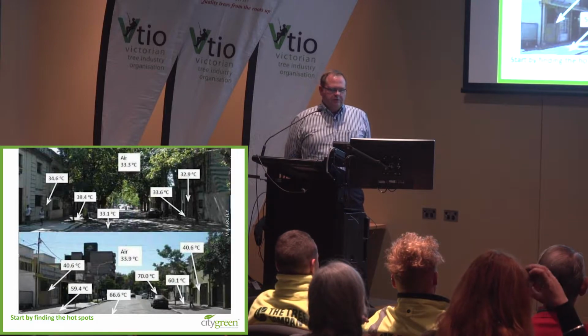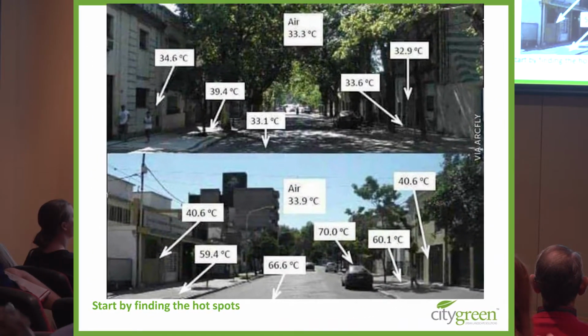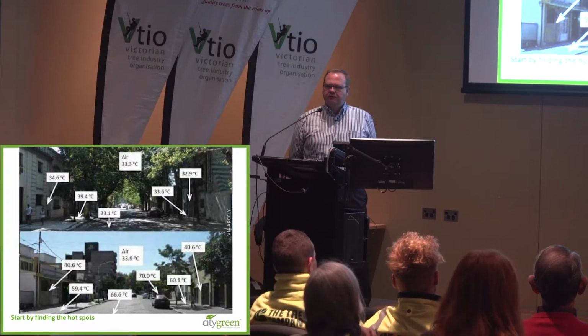And I just noticed this recently. This is a couple of slides indicating the difference in temperature beneath a tree canopy and where there is no canopy. It's about 20 degrees often in the middle of summer.